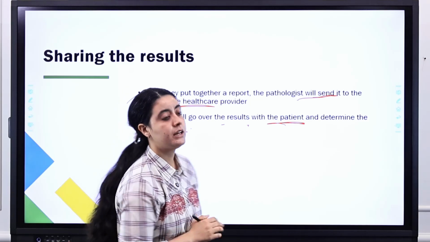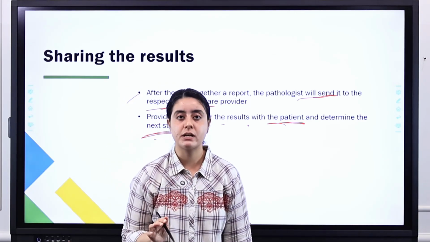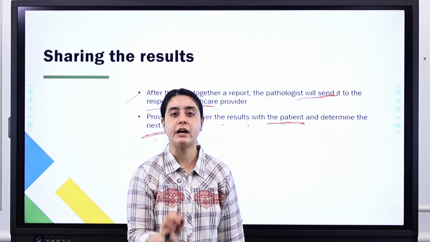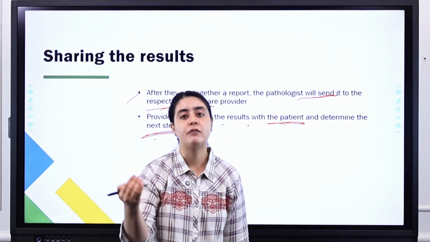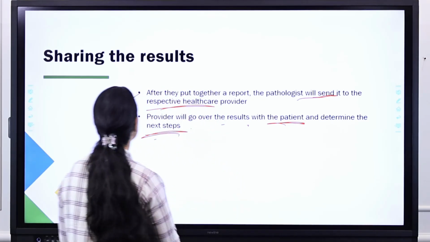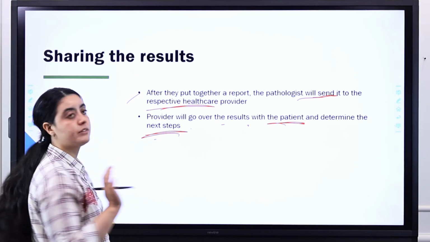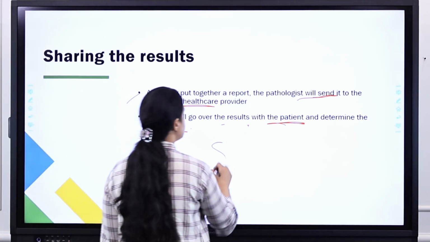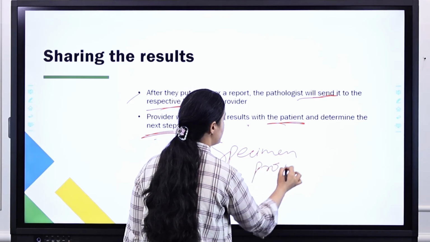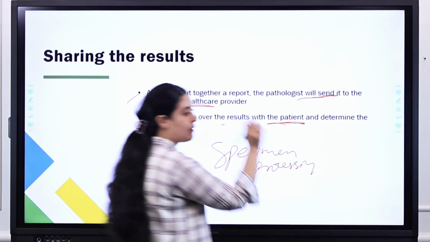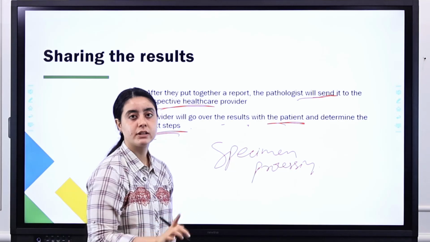He will give all the instructions to the patient. He will share the report with the patient, try to explain what is written there and what further steps we have to take. Okay, so that is sharing the results. So we are done with our specimen processing, from sample collection to sharing the results with the patient.